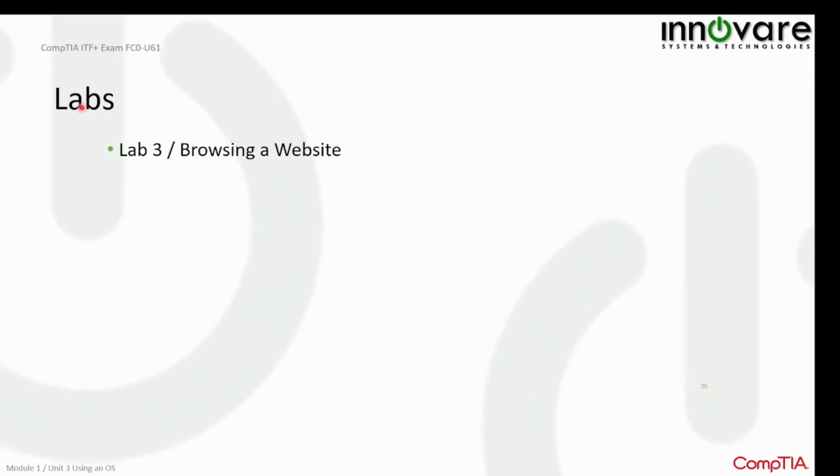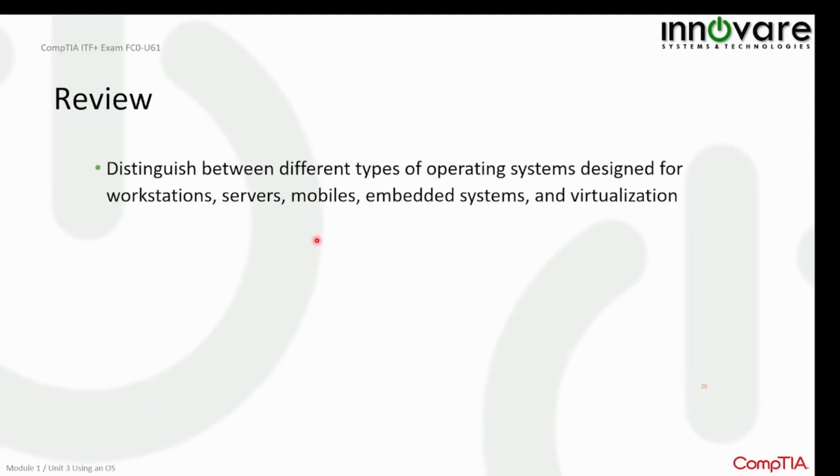Although, in this lab activity, it is also recommended for you to explore other OS like Apple, just to be aware that there's more than the Windows operating system. So in this unit, we covered how to distinguish between different types of operating systems designed for different computers, like workstations, servers, mobiles, and even virtualization.